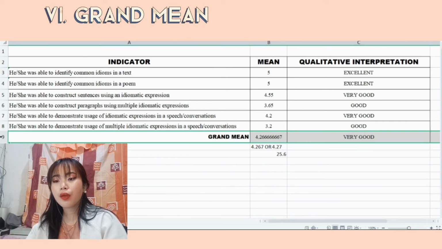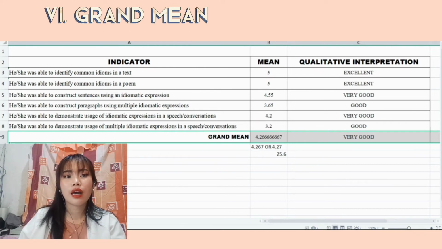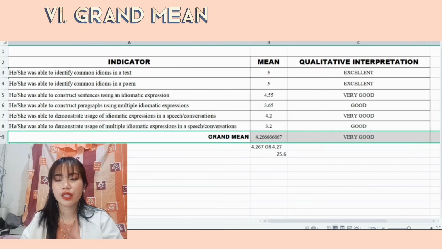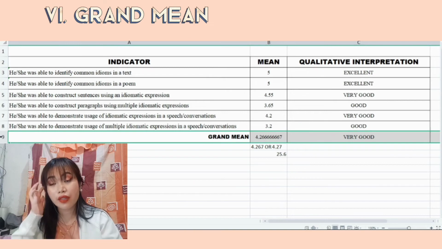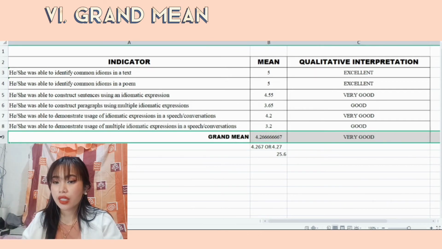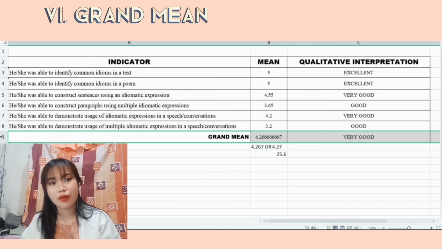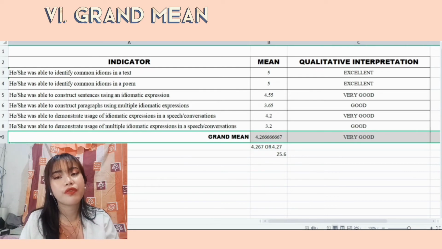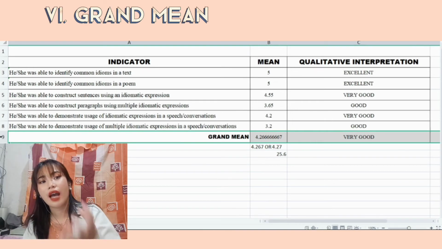So as you can see in the table, the sum of the total ratings, so 5 plus 5, plus 4.55, plus 3.65, plus 4.2, plus 3.2 is equal to 25.6. So 25.6 is not the total number or the data that will provide us the exact assessment, right?